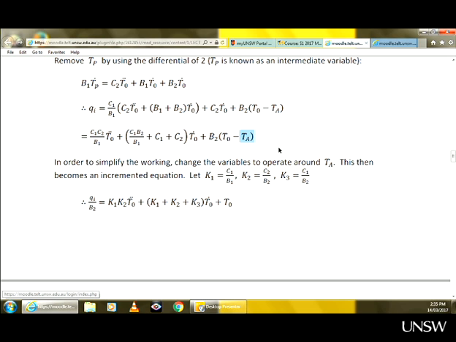If this is what you are going to call a reference temperature, then you can make it equal to 0. So if TA equals 0, now you are going to have a much simpler differential equation containing the input on the left-hand side, and the output and its derivatives on the right-hand side. No constants, no other quantities apart from constants. No other variables.